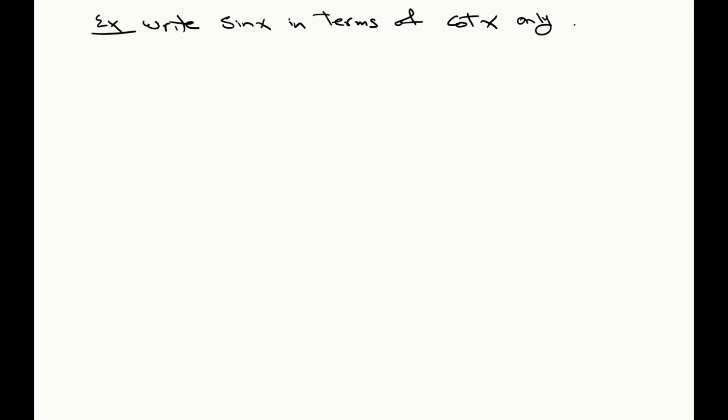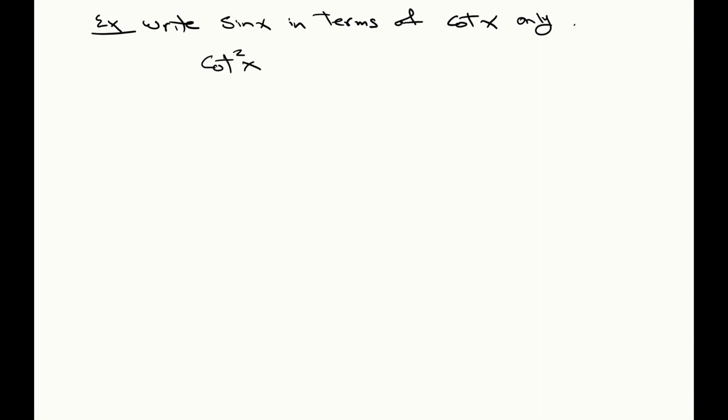But we did have an identity, if you recall, that didn't necessarily relate cotangent with sine, but it was a relationship between cotangent and cosecant, and that relationship was one of our Pythagorean identities, which was cotangent squared theta plus 1. Actually, we're using x here, let's be consistent.